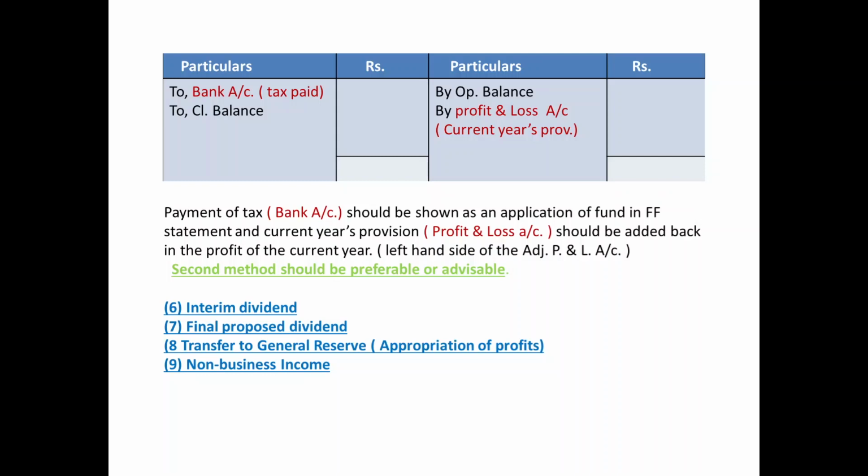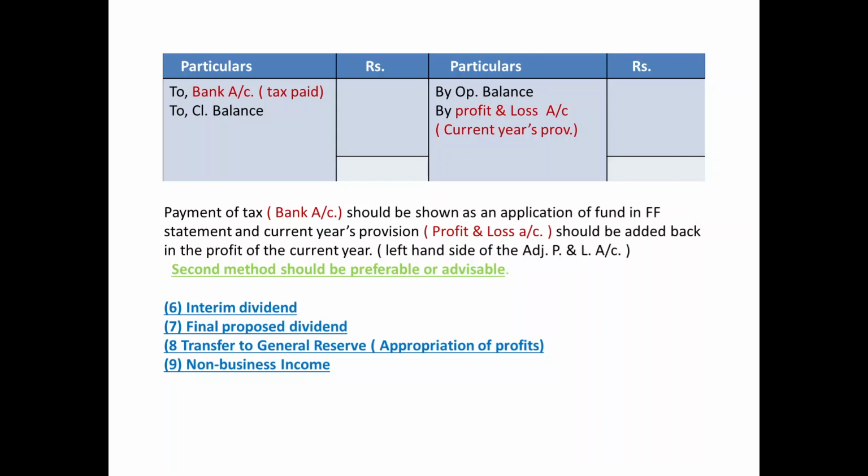If the current year's provision has been given in additional information, then profit and loss account debit to income tax provision account credit, then you will get a balancing figure on the debit side, which would be the tax payment of the current year, bank account, red font.